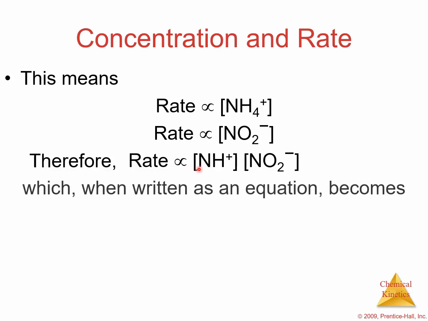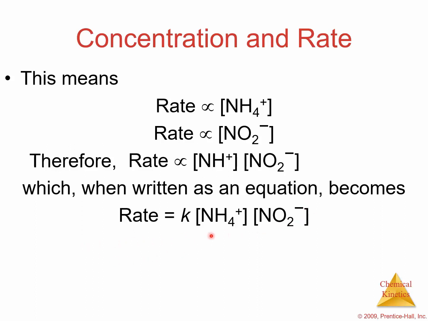Therefore, the rate is proportional to NH4 plus times NO2 minus, which when written as an equation becomes this: rate equals k times the concentration of NH4 plus to the power 1 times the NO2 minus concentration to the power 1.